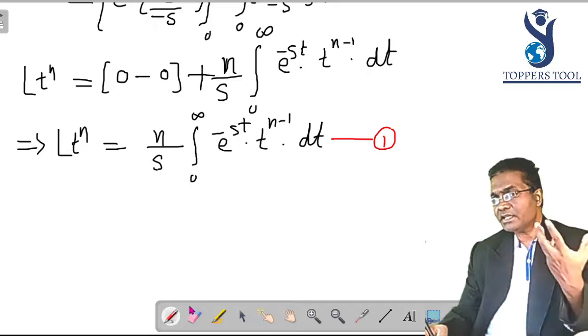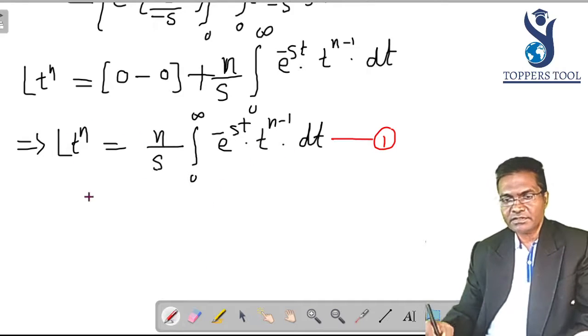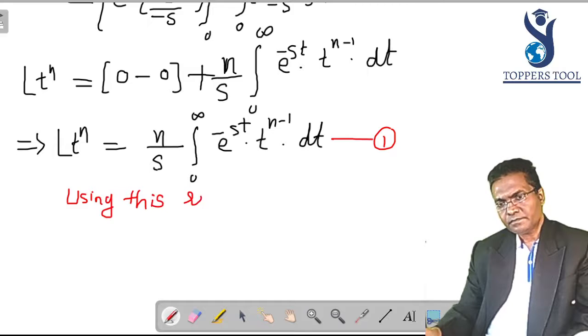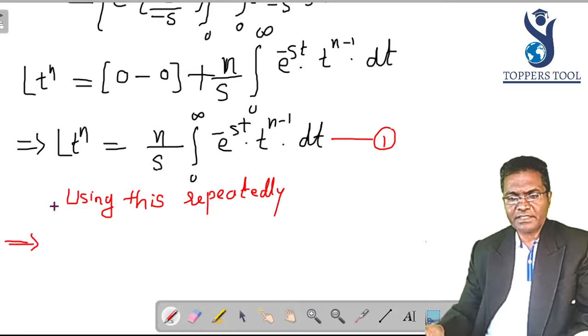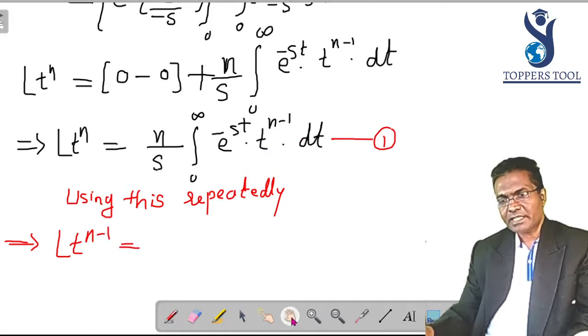Now we need to write the general result, and for that reason you have to use this repetitively. So using this repeatedly, what happens here? This is L of t power n, this much. So what is L of t power n minus 1 then, because I want this.